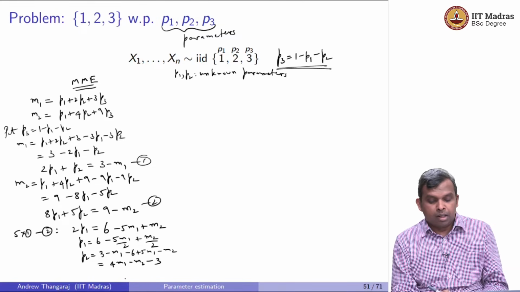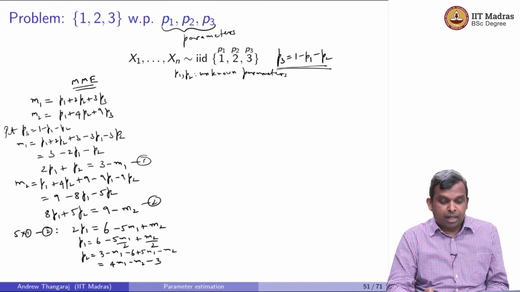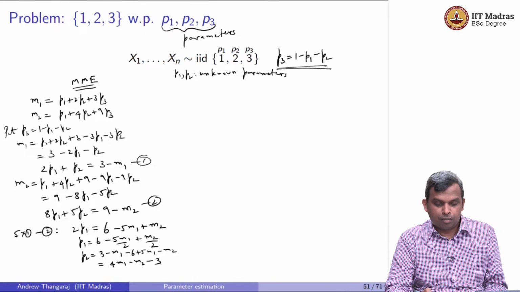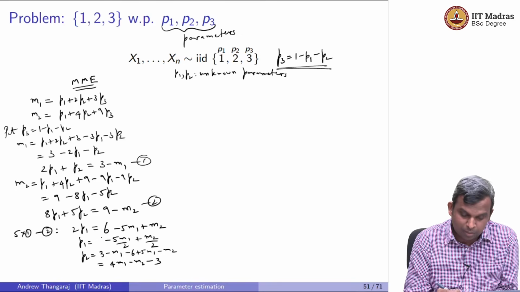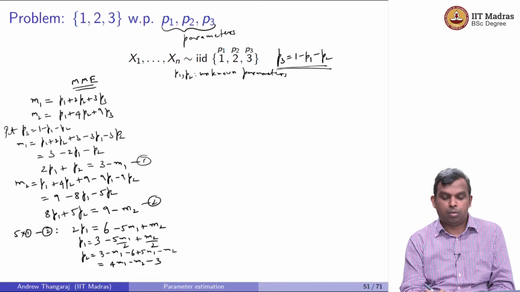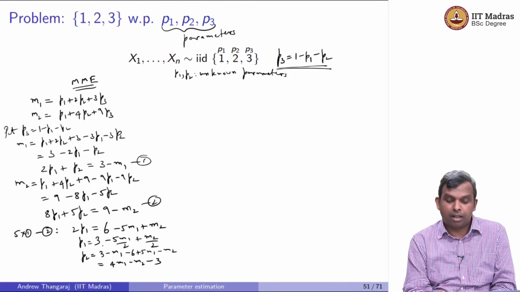4M1 minus M2 minus 3. Okay. So let me just check this real quick. If I do 2P1 plus P2, what do I get? Oh, I know where I made a mistake. This has to be 3. Apologies, I think I caught the error here.